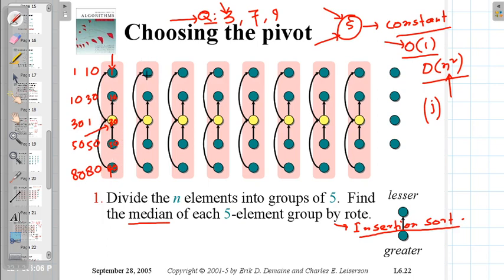So this list could be, say, 20, 35, 40, 65, 90. You see this one and this one are connected by an arrow, so this is a greater element and this is a lesser element.